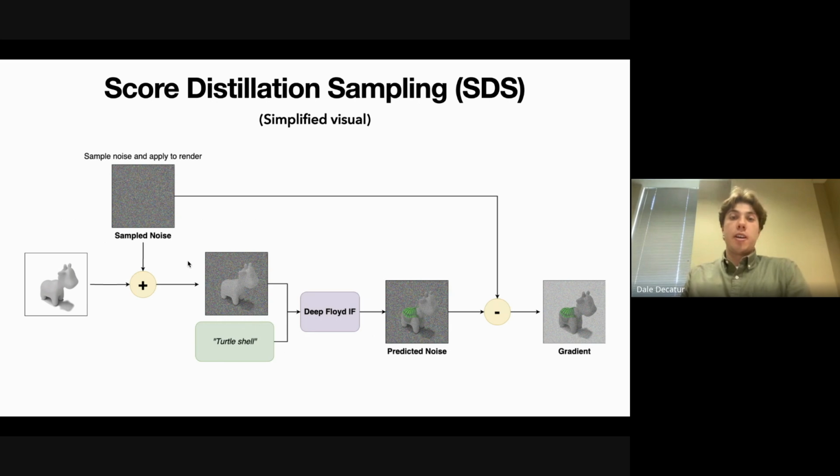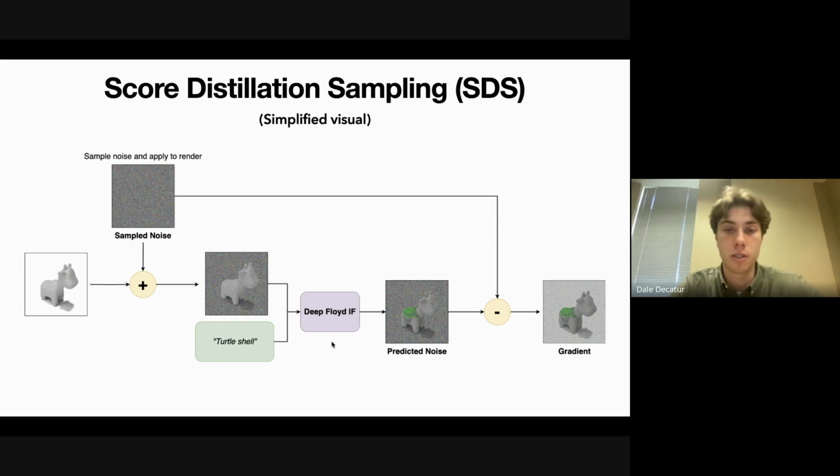And here's a somewhat simplified visual to get a little more intuition about how this works. Every iteration we have our rendered image, which we see right here, and we randomly sample some noise and apply it to our rendered image to get this noisy image. Then we also have our target text prompt, and we pass both this noisy image and the text prompt to our diffusion model.